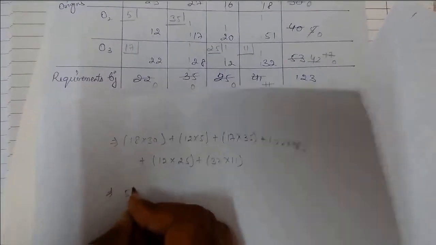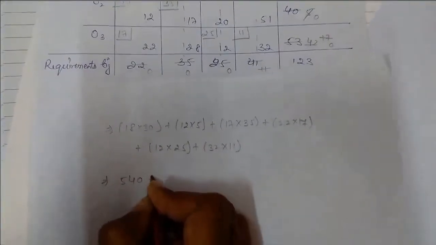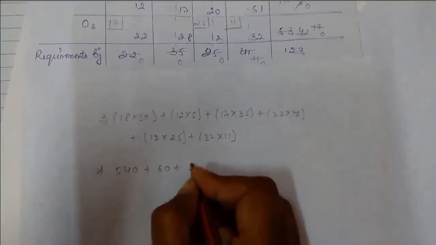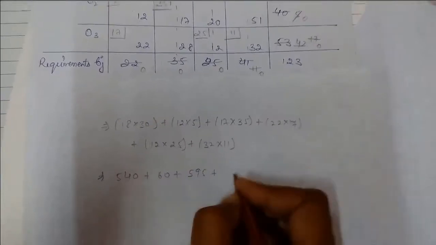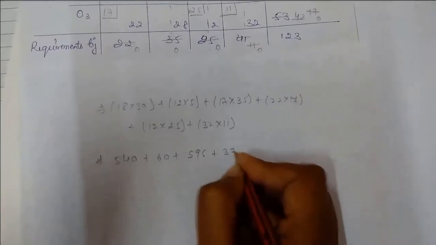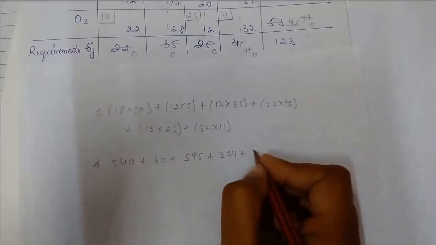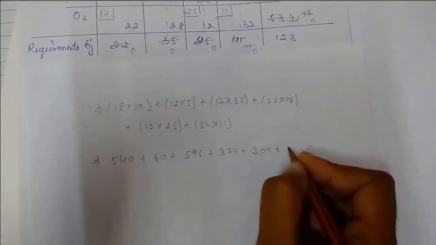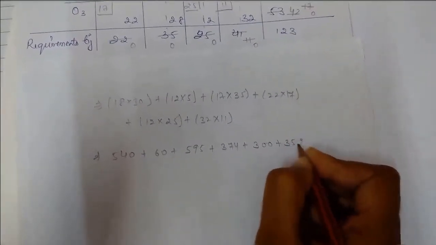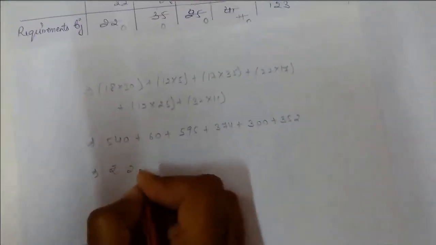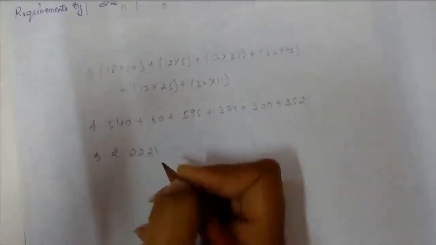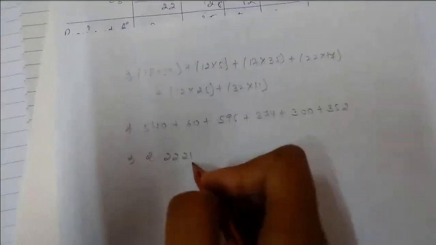Multiplying these, 540 plus 60 plus 595 plus 374 plus 300 plus 352. By adding all these numbers, we will get 2221. Now by using this method, we are getting transportation cost this.